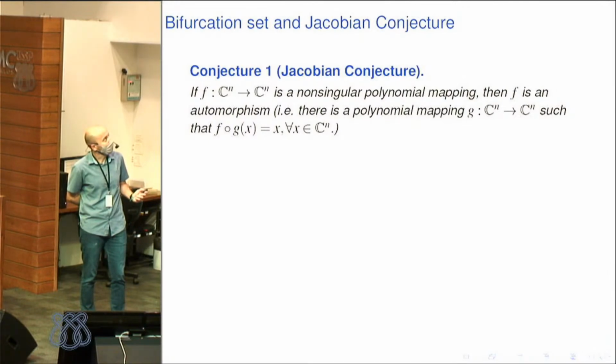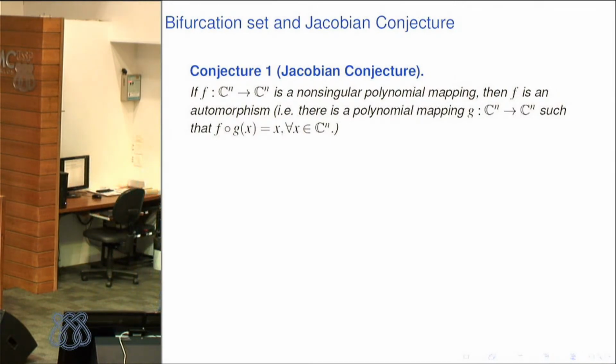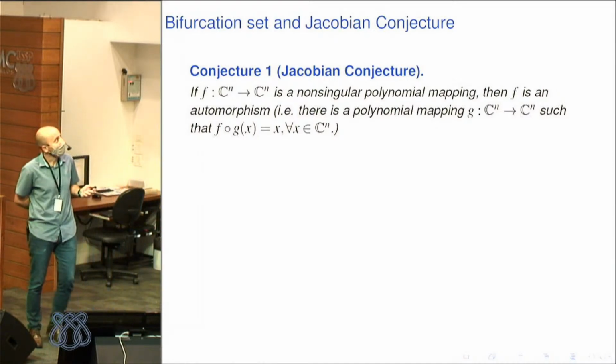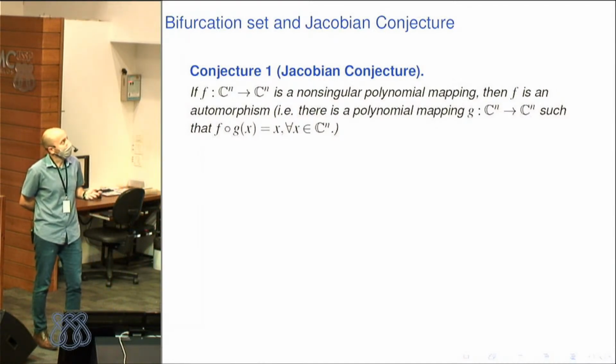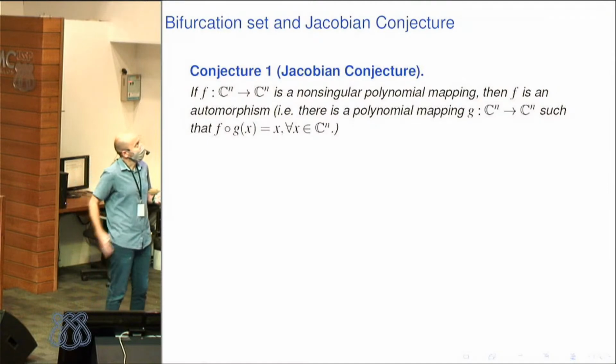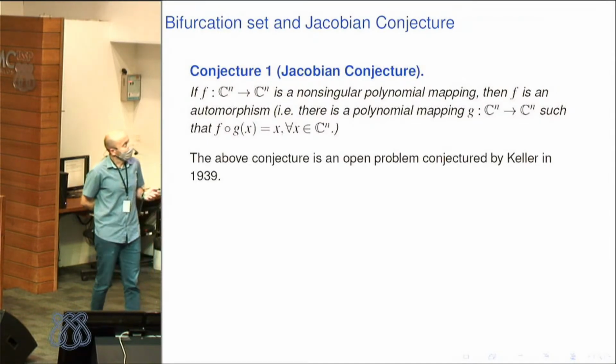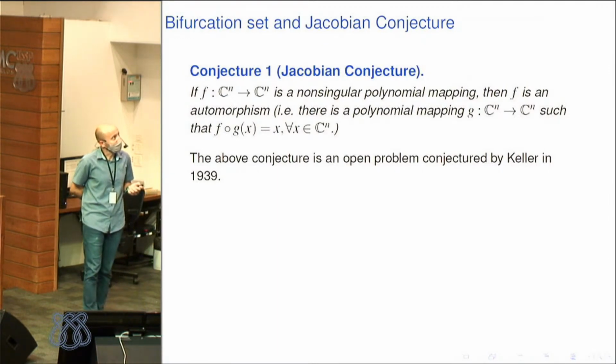Given a non-singular polynomial mapping from Cn to Cn, the Jacobian conjecture asks if F is an automorphism. This means that there is a polynomial mapping G such that the composition is the identity mapping. In other words, G is an inverse of F. This is an open problem conjectured by Keller, 39.